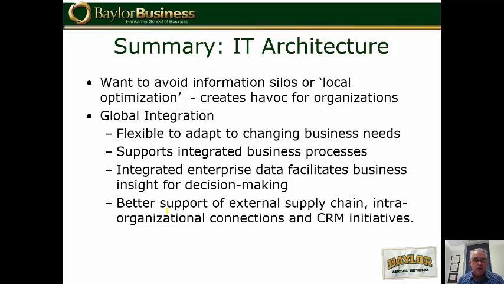And so companies want to be more intentional and focus on developing information systems architectures that are globally integrated, with enterprise databases, which means they're flexible architectures that can adapt to changing business needs, that support integrated business processes, and to a large extent help to provide integrated data that facilitates business insight for decision making.